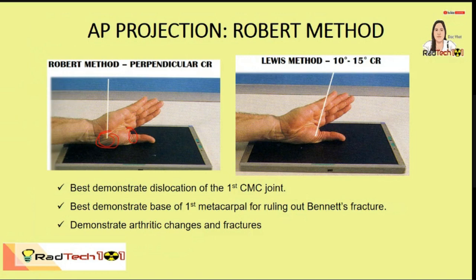So best demonstrate is location of the first CMC joint, yung kay Robert, with modification ni Long and Raffert and Lewis. Also best demonstrate the base of the first metacarpal for ruling out Bennett's fracture and to demonstrate arthritic changes and fractures. So, tandaan nyo lang kasi ilang beses na rin lumabas sa board exam itong sa first CMC kay Robert, Long and Raffert, and Lewis.